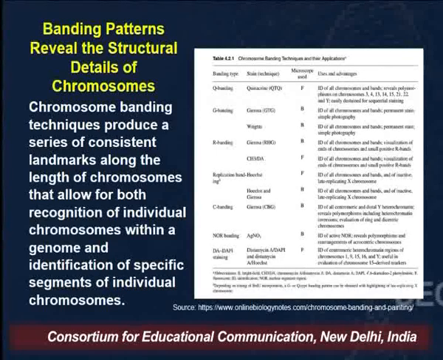There are various banding patterns, like Q banding with quinacrine, then G banding with the help of the stain Giemsa. Through these banding patterns, there is a series of consistent landmarks along the length of the stained chromosomes, which are characteristic of that particular chromosome and help in understanding the chromosome structure.